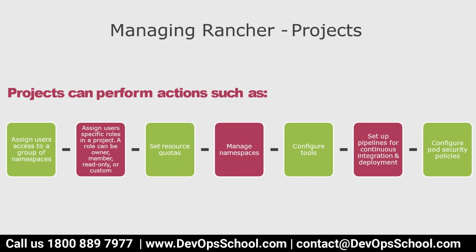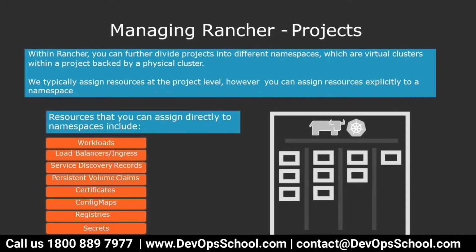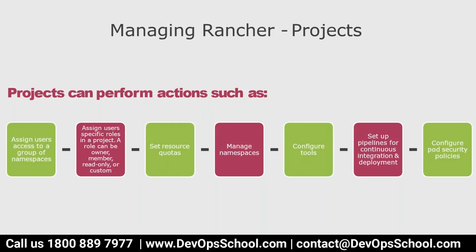Nothing. You go in the cluster and create a project. Each project will have one or multiple namespaces, and in each namespace you can deploy all these API resources of Kubernetes. At the project level, you can set the permission, set the quota, install the tools, CI/CD and security rules.